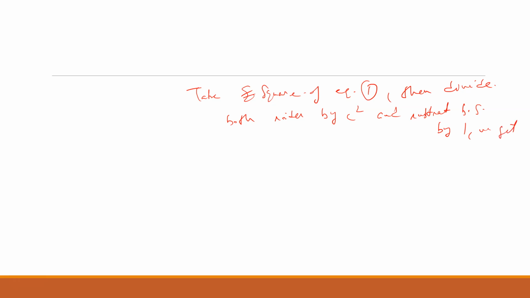we will get 1 minus u1 square by c square equals to 1 minus u dash plus v divided by c, 1 plus u dash v by c square whole square.